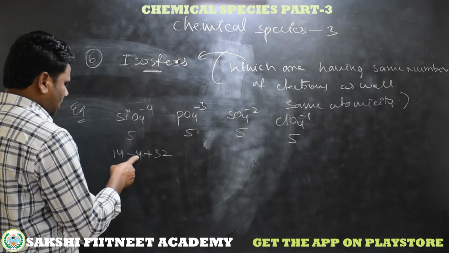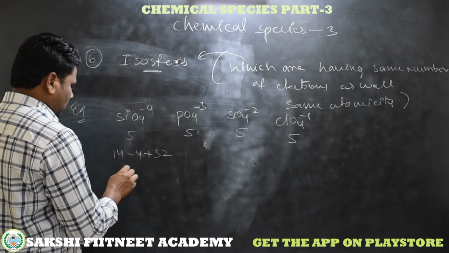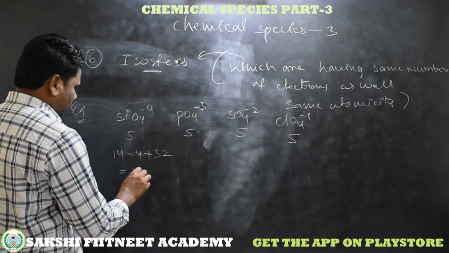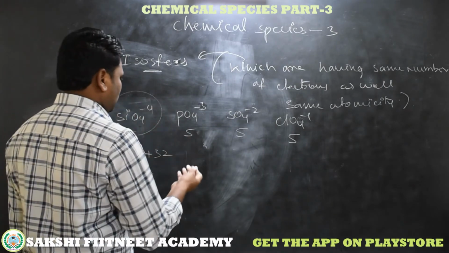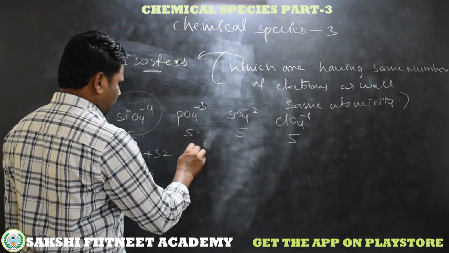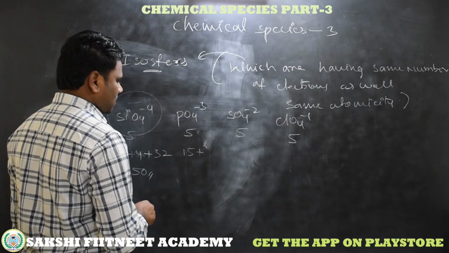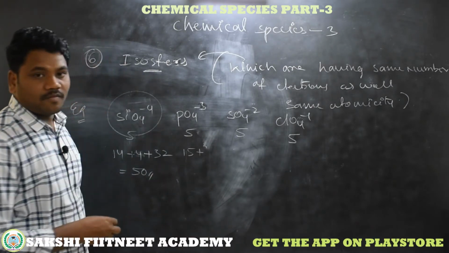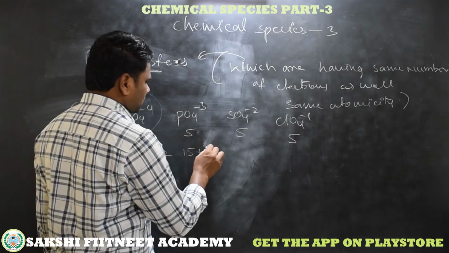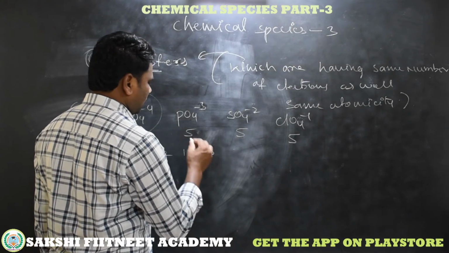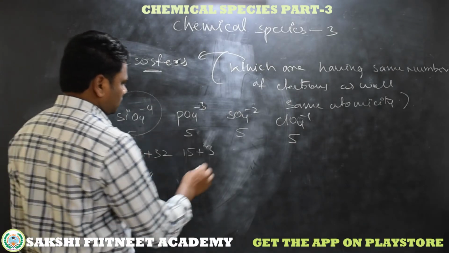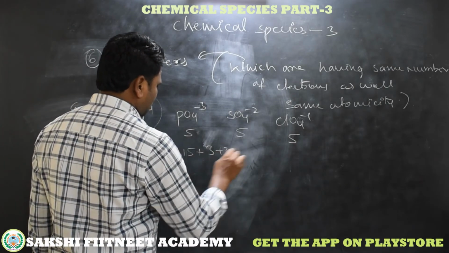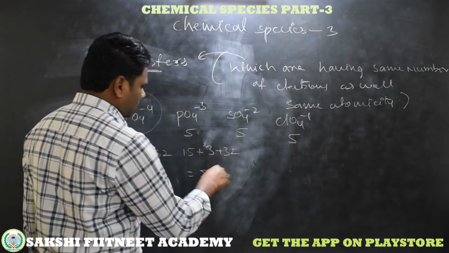That is 14 plus 4, 18, plus 32, it becomes 50 electrons. Same here, phosphorus has atomic number 15, so the number of electrons is 15. Now what is the charge? Charge is -3, so we need to add 3. Now 4 oxygens, 32, so 18 plus 32 is equal to 50 electrons.